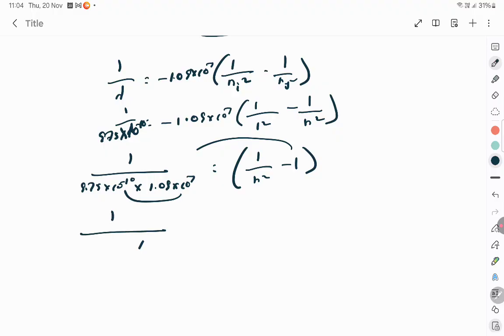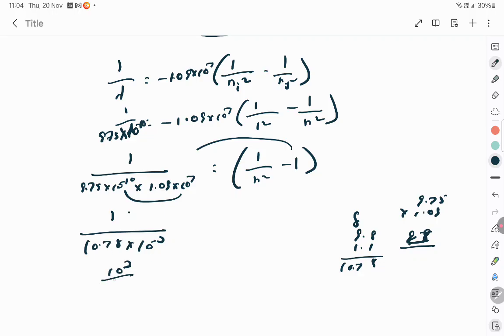And this will become 10 to the power minus 3 and 9.75 into 1.09. Okay. Let's make 9.75 as 9.8 and let's make this as 1.1. 9.8 and 1.1. Okay, 11 8s are 88, 11 9s are 99. 99 plus 8, 107, 10.78. So you have 10.78 into 10 to the power minus 3.